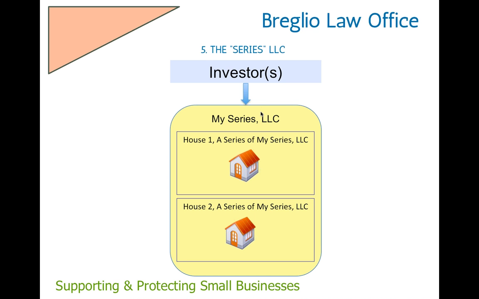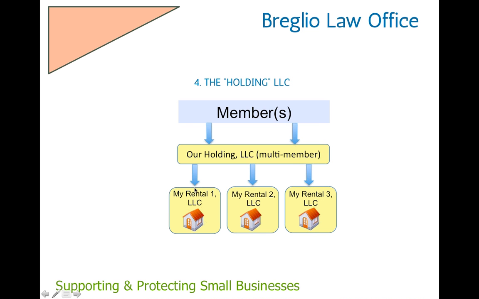It is a different kind of LLC than a regular old LLC, so it must be filed differently or amended. But what it does is it sets up one LLC that is authorized to create sub-series within it. And each one of these series within it has separate liability one from the other. So it mimics this arrangement where this LLC is separate from this one, is separate from this one.